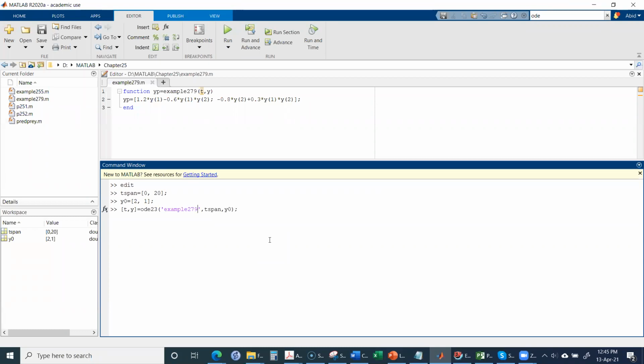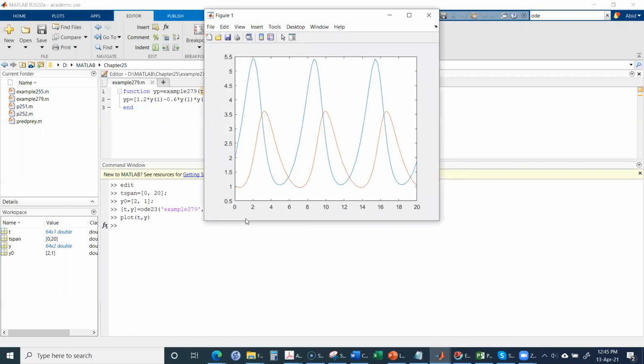And then if I execute this command, it is giving us the answers. Okay, so it is by ODE 2, 3, and maybe I can plot it. Plot t against y. So I get this result.